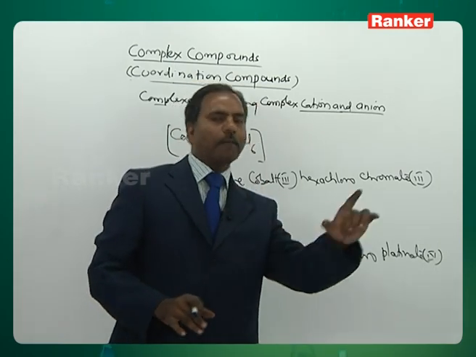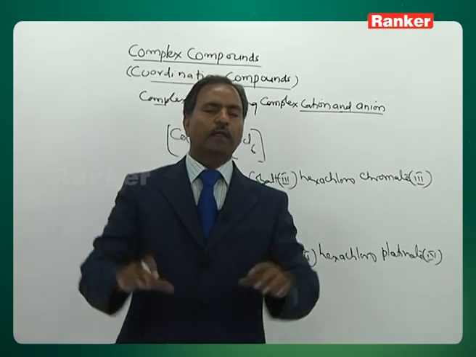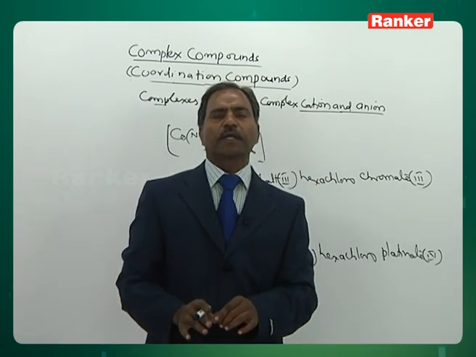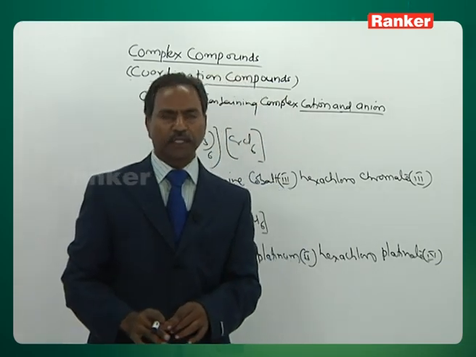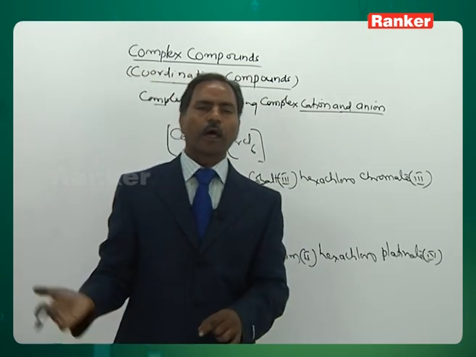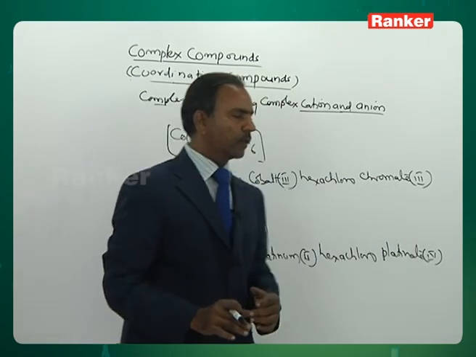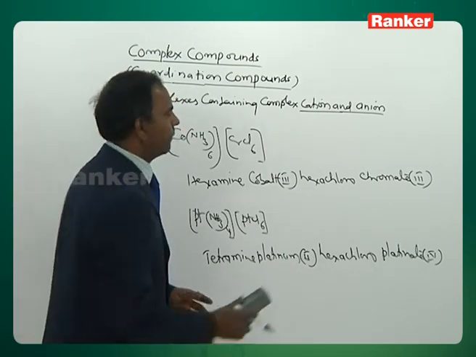Once a name of the complex is given, it is a little bit difficult to write the chemical formula of a complex. Now I will write some of the names of the complexes, then how to frame the formula of a complex, let us see.